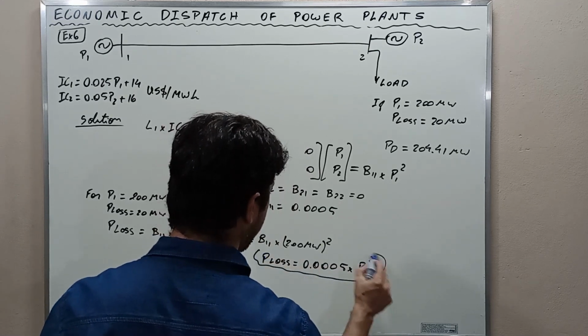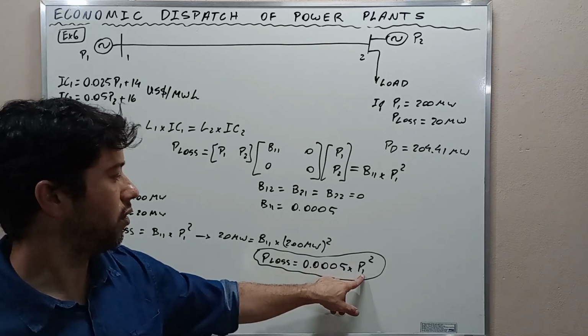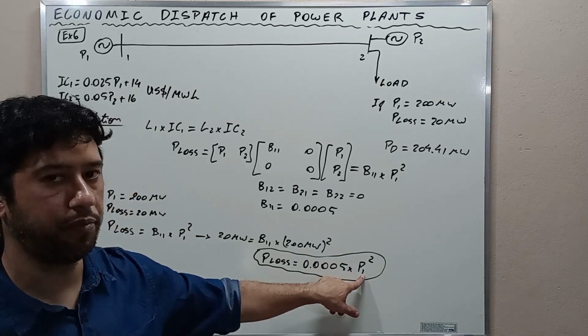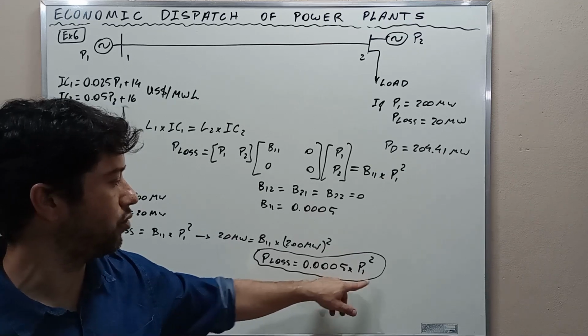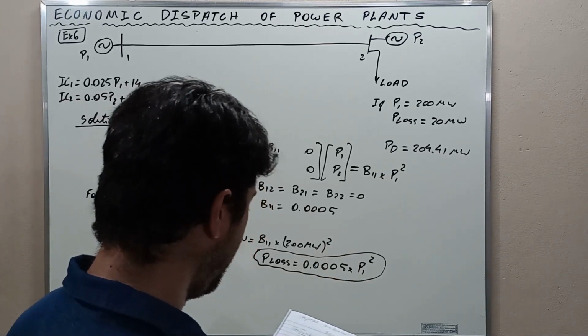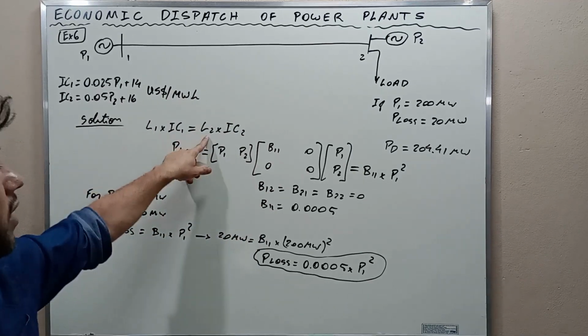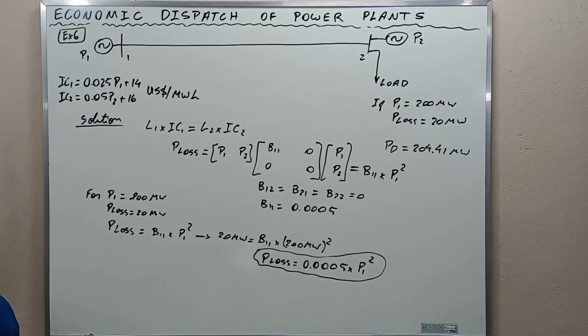This is the expression that relates the output power of power plant 1 with the level of losses. Okay? We have to use this expression to find the penalty factors associated with each power plant.